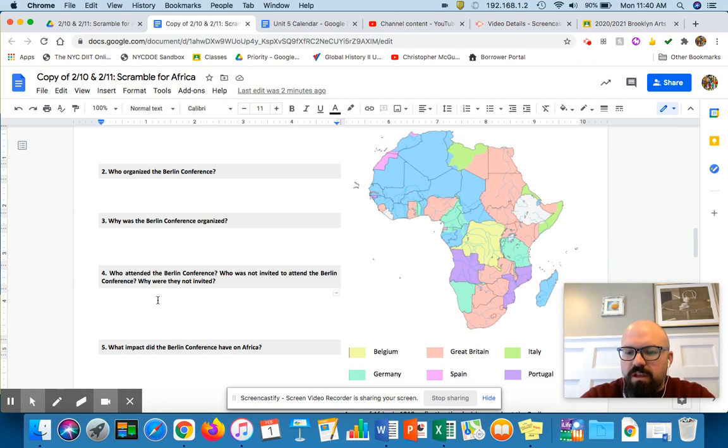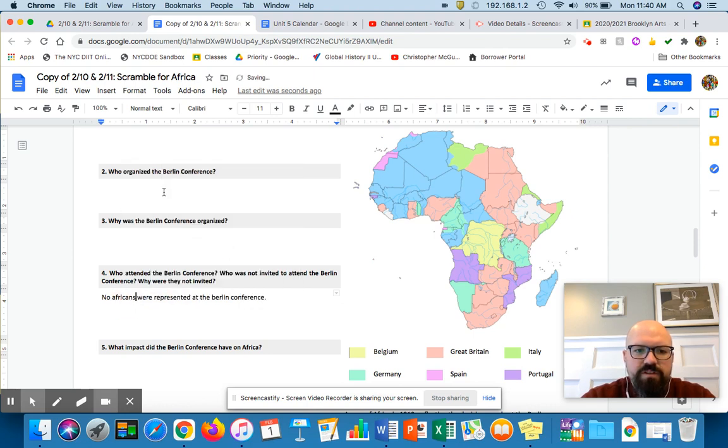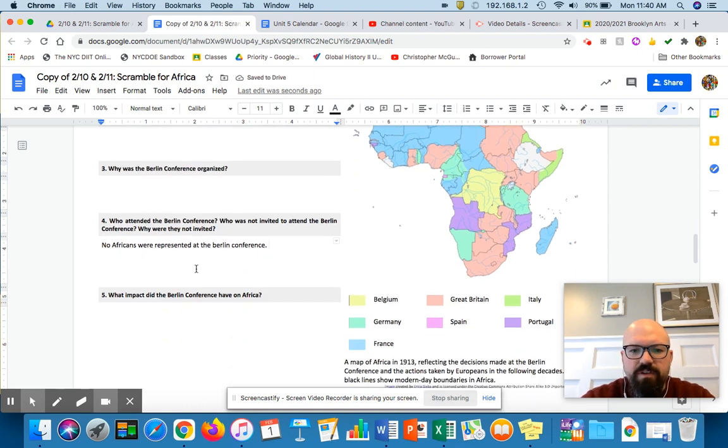It's only European countries. No one else was invited. No Africans were represented. So that's pretty important. It's just the Europeans deciding what to do with Africa, and Africa had no representation whatsoever.